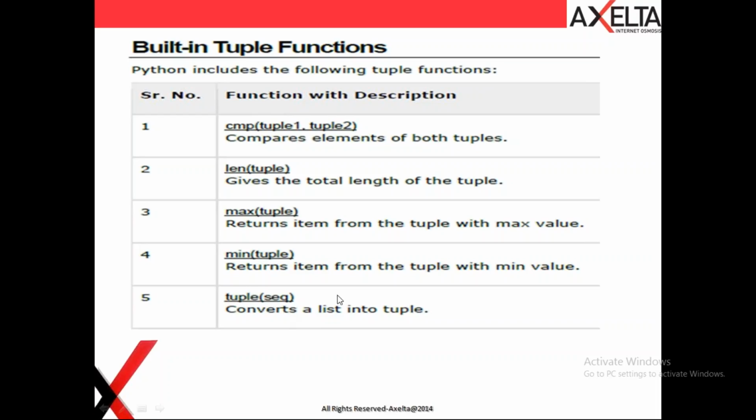Similarly, you can convert a list into a tuple. Suppose SCQ is a list, which is again a data structure we'll be seeing. You can convert the list into a tuple using this functionality.